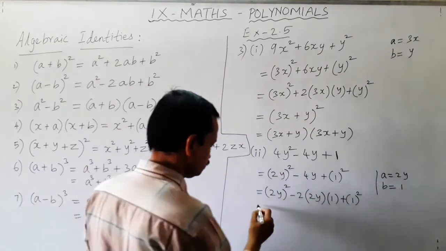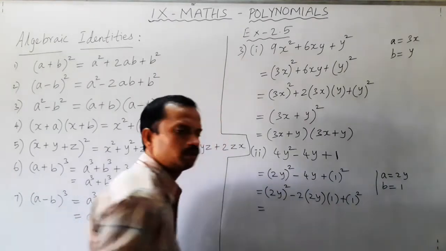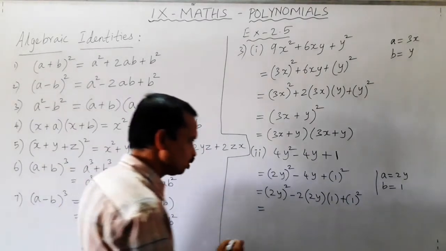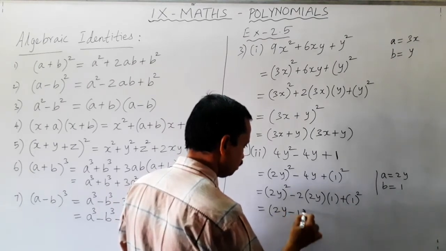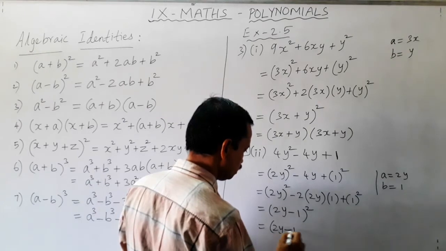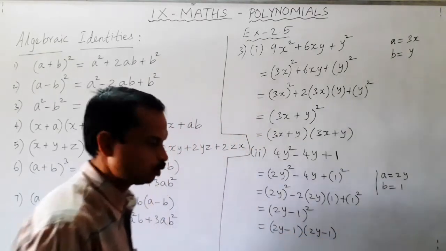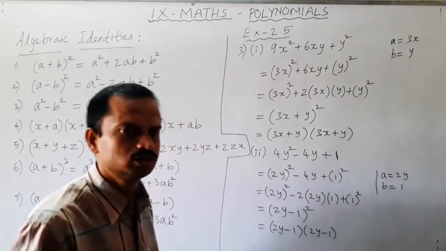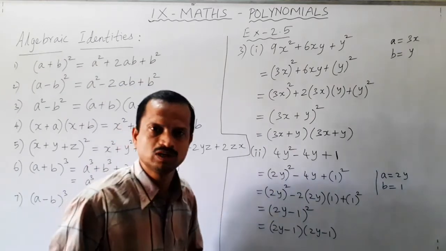And now we can write a square minus 2ab plus b square as the form (a minus b) whole square, that is (2y minus 1) the whole square, and this you can write as (2y minus 1) into (2y minus 1). That's the product form. Product of two binomials, you get this expression 4y square minus 4y plus 1.